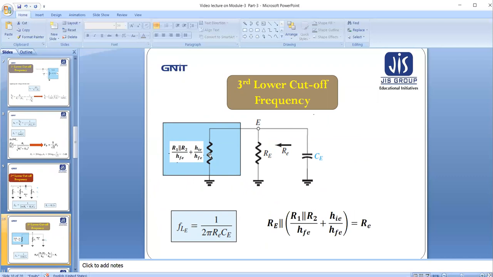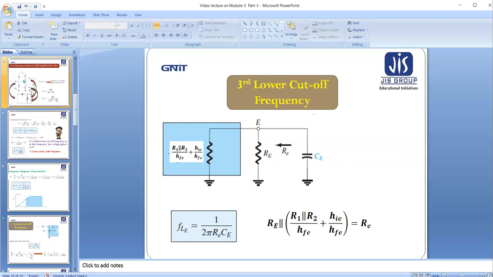In the equivalent circuit, this is the emitter terminal, with the resistance RE in parallel with the capacitor CE, and the emitter is connected to the base, but we are not considering the base here. Rather, we will transform the input resistance like that, (R1 parallel R2 parallel hie) divided by hfe. Why like this?